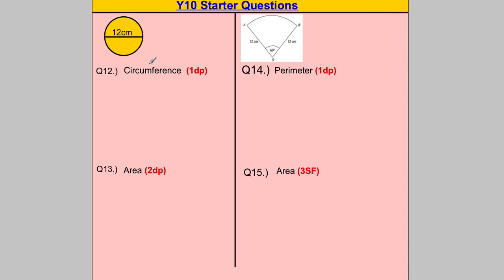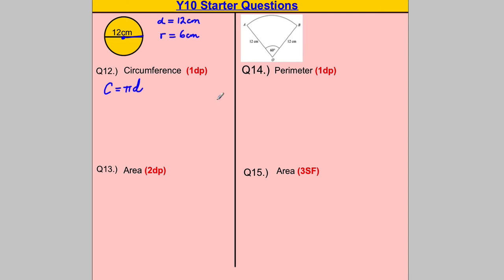Okay, next one, we've got a circle. And in this circle, we are given that the diameter is 12 centimeters, and that lets us know that the radius, which would be half of this, would be equal to 6 centimeters. So always state your diameter and radius when given a circle, so you can use your formulae. Now, the circumference of a circle is pi multiplied by diameter.